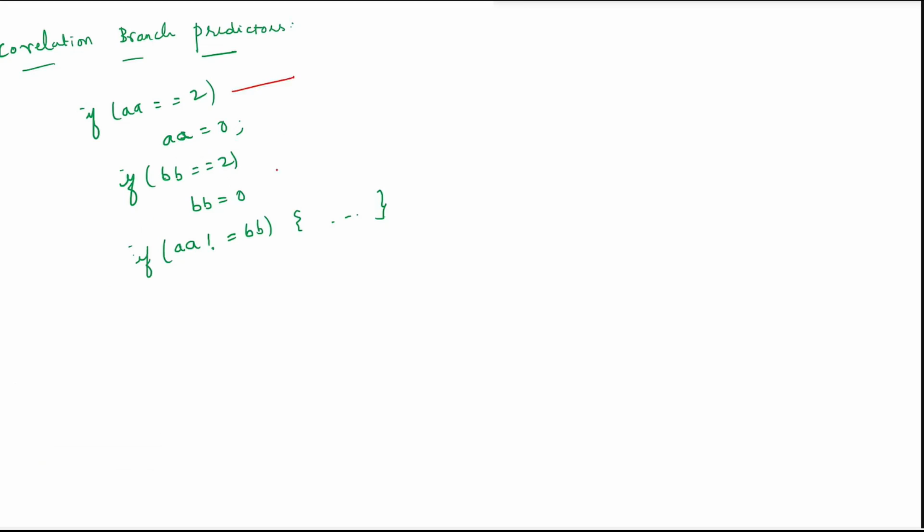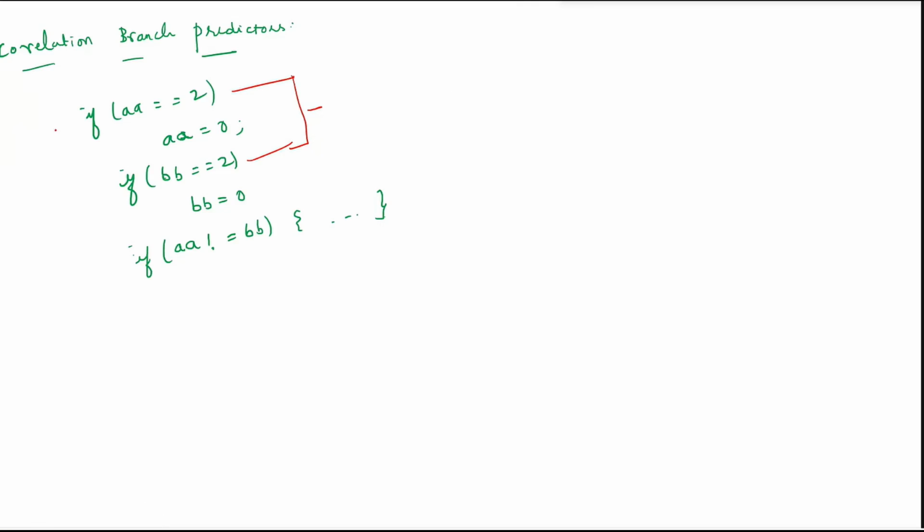Do you think there is any dependency between these branches? This is branch one, this is branch two, and this is branch three. If branch one and branch two are not taken, then branch three will be taken.